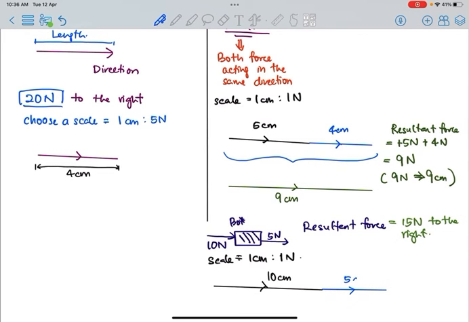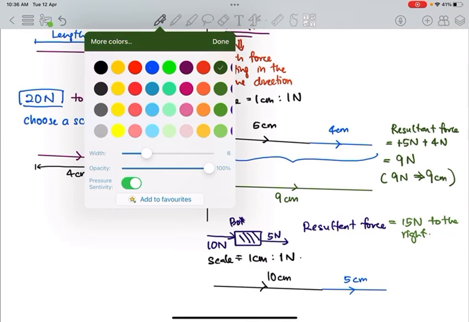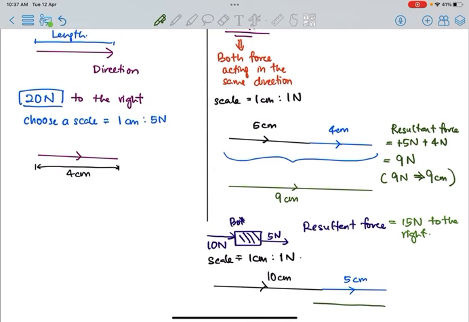The total will be 15 centimeters, which represents 15 Newton. The direction is still to the right, because both forces being added are pointing to the right.